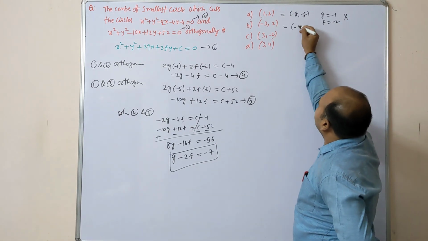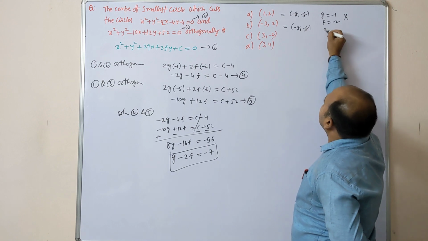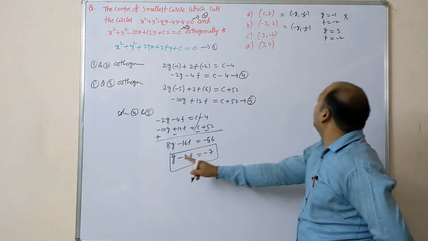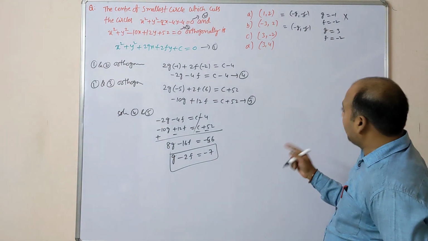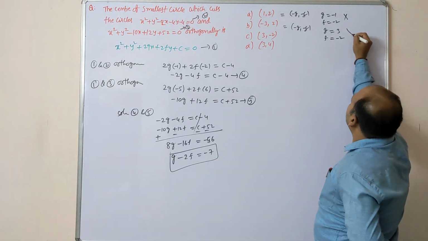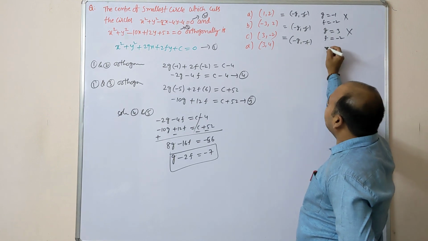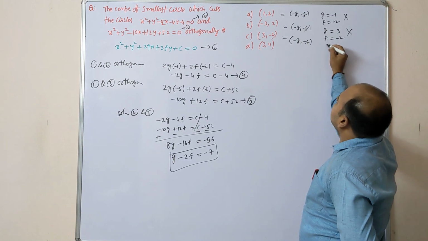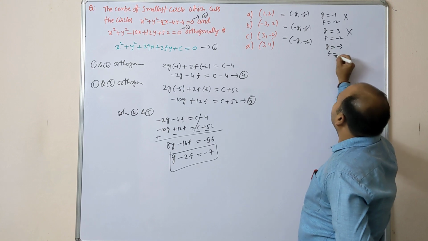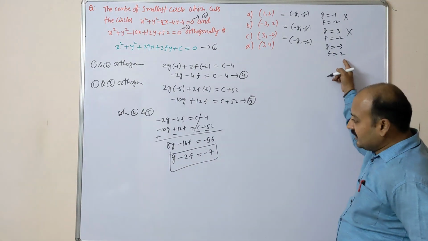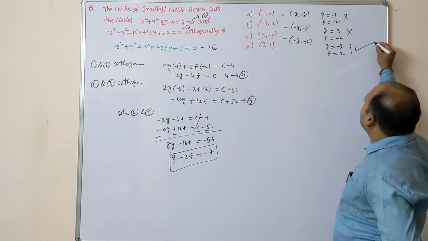If you take this one, g equal to 3, f equal to minus 2, g value 3, f value minus 2, if you take, 7 will come. This also is not acceptable. Minus g minus f center, so g value minus 3, f value 2 means minus 4. So it is going to be accepted.